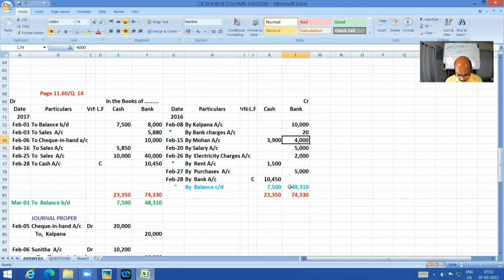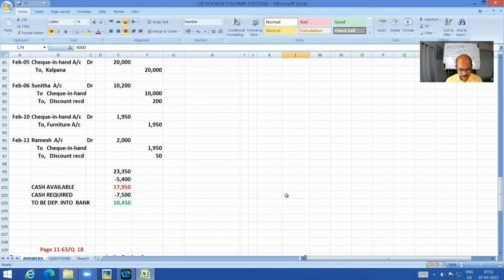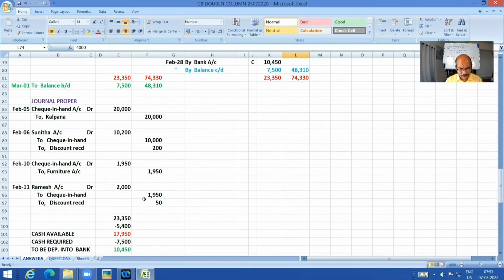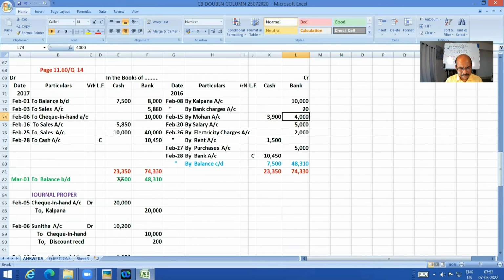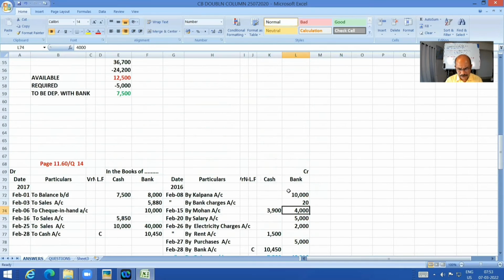Deposit into bank retaining 7,500. This kind of thing we have done several times. How to deal with it? What is the cash available before the required amount to be deposited? I had on the debit side cash 23,350, credit side 5,400.